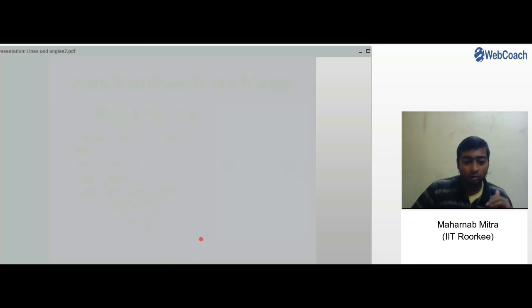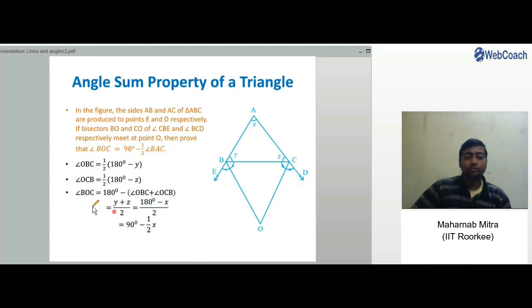Angle BOC equals 180 degrees minus angle OBC plus angle OCB, right? Here 180 degree minus the sum of these two angles will give us angle BOC, because these three angles must add up to 180 degrees.